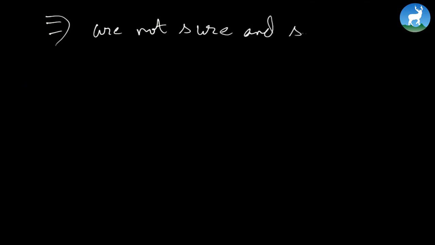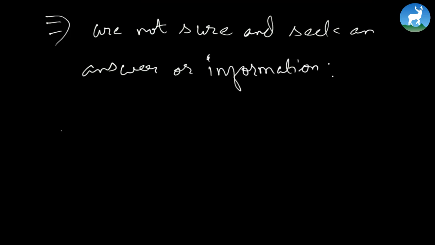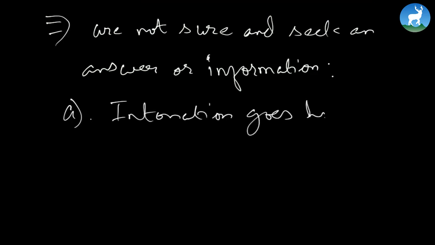The second case is when we are not sure, and seek an answer or information. So you might come across cases where you just don't know what the answer is, or perhaps you're seeking some information, alright? So in that case, when you want to know the answer, then your intonation goes high. For example, let's say there's a certain person who is from France, but you're not quite sure whether he's from France. You just have no idea.